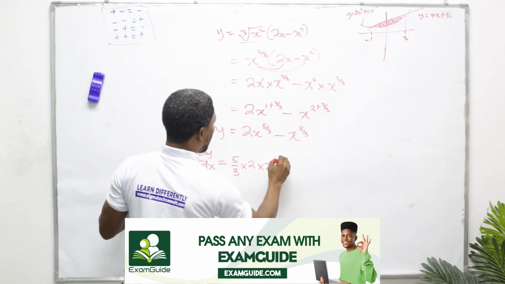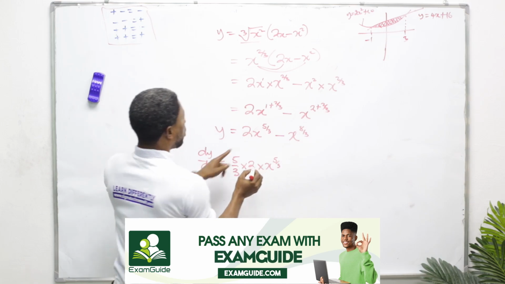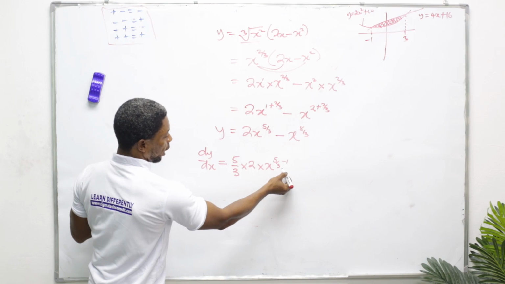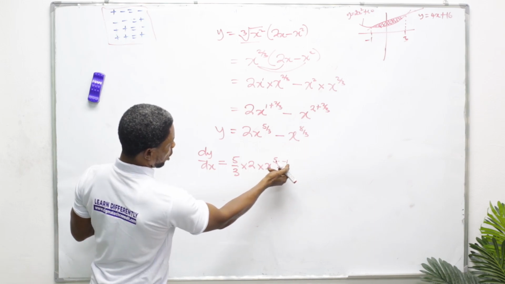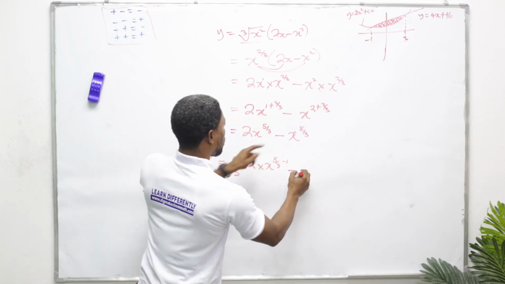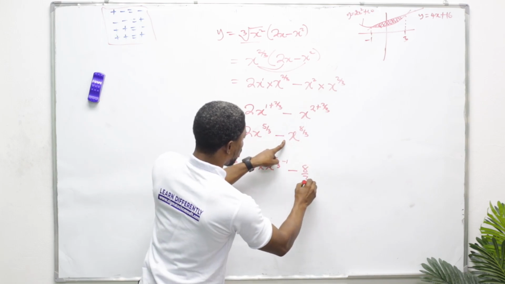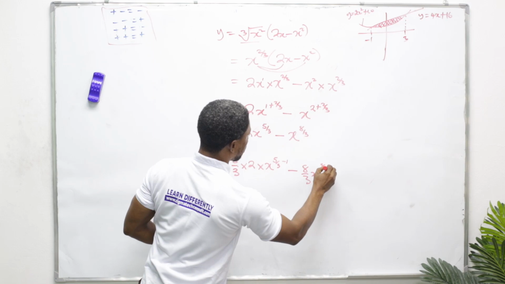Under differentiation, you subtract. If it is integration, I will add. You say minus 1, multiply this by the coefficient of x here, which is 8 over 3. You now have 8 over 3 minus 1.